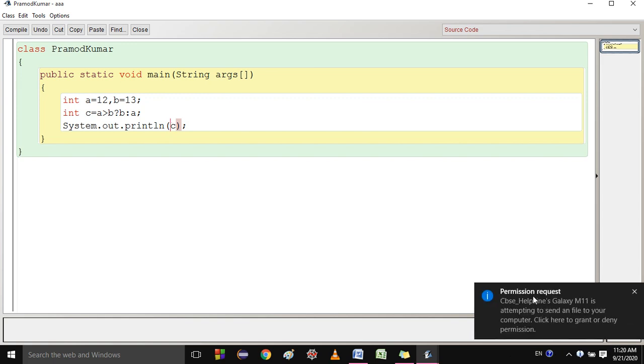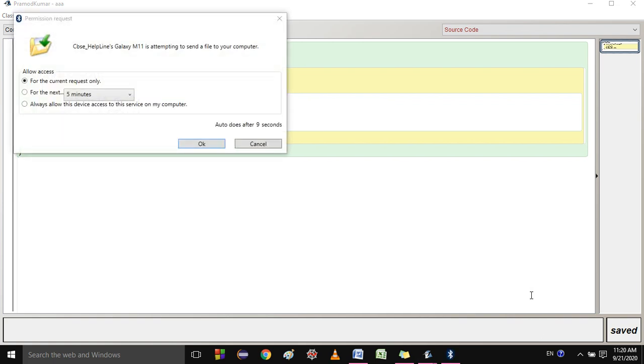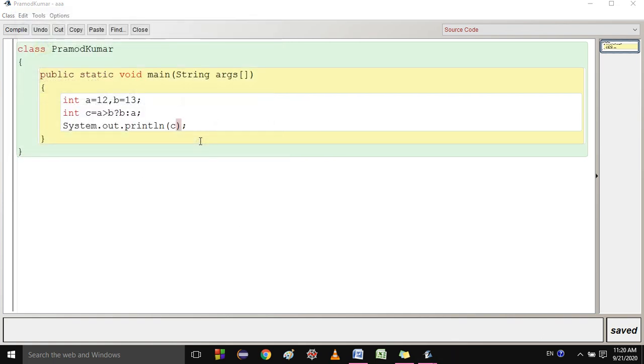But if you are converting a big data type to a small data type, then there is a need to write the type conversion operator. That is the necessary condition. So let me write one question for you so that you can understand it easily.